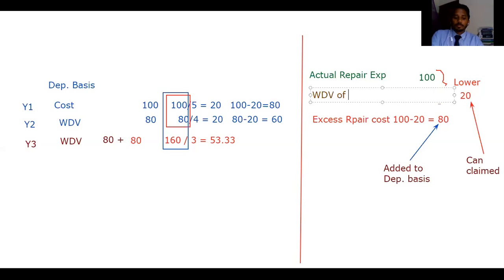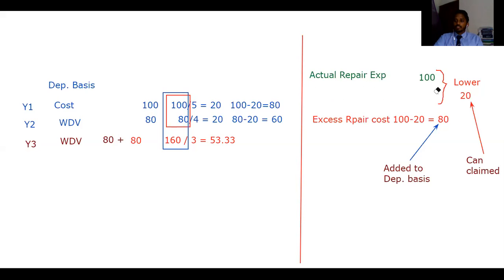WDV of previous year, let's say 200. Then if it is not a class 4 asset, as the examiner has given, then the allowable amount is 40. Then how much is the lower we need to consider?